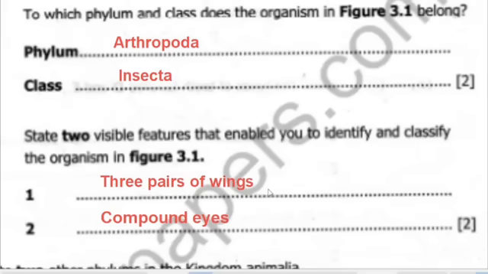There are many answers, so I've just written it has 3 pairs of legs. Sorry, let me edit here. It's not supposed to be wings, but it's supposed to be legs. Yes, like this. It has got 3 pairs of legs, compound eyes. So this is how we can answer this question. Remember, I've said that you can use many different features for the Insecta class.